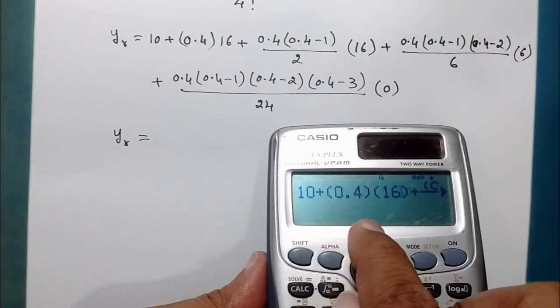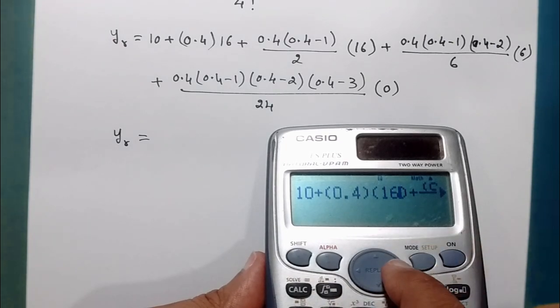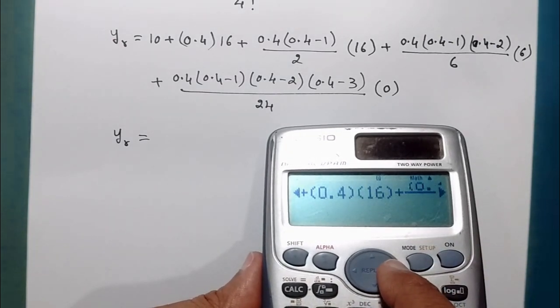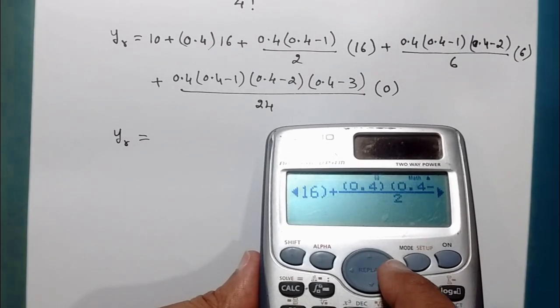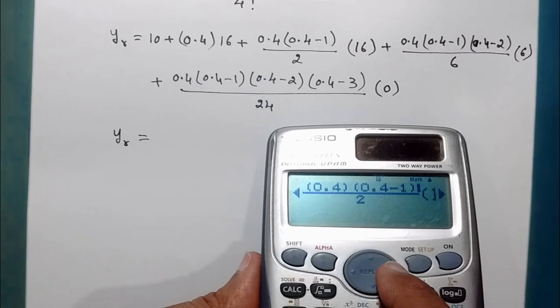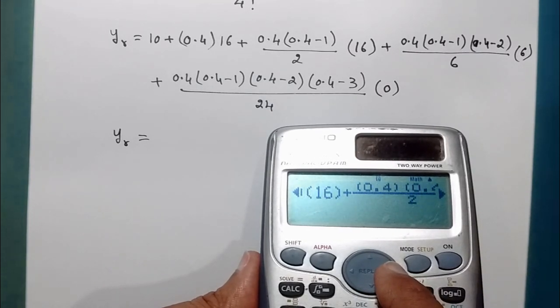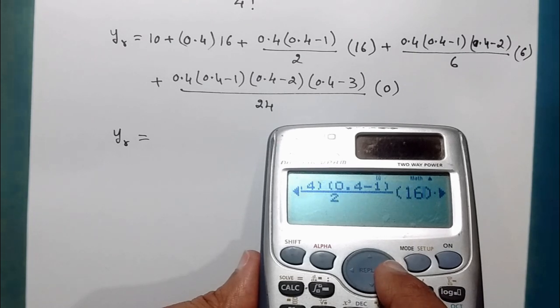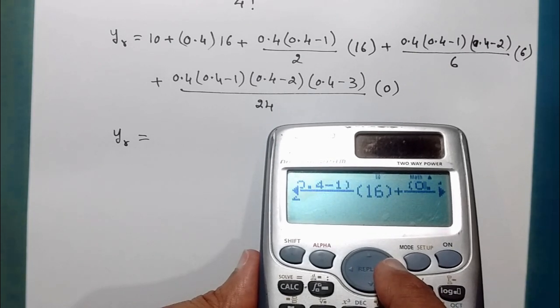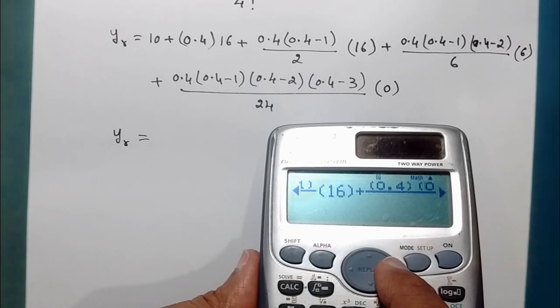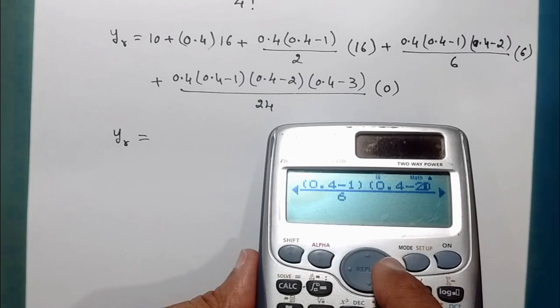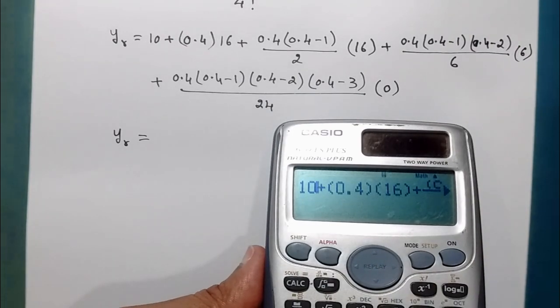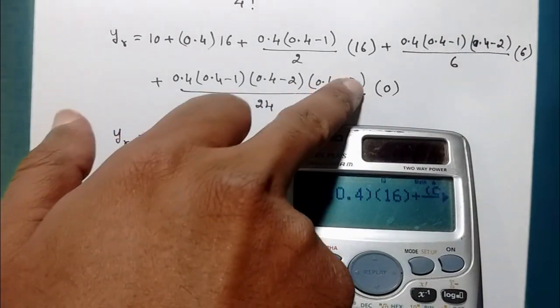You can see this 10 plus 0.4 into 16 plus 0.4 into (0.4 minus 1), divided by 2 into 16, and plus next value you have 0.4 into (0.4 minus 1) into (0.4 minus 2) divided by 6. That's all you have, because the next term is 0. I have just ignored that expression.